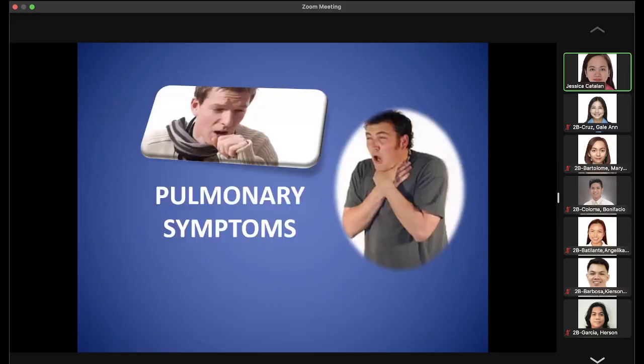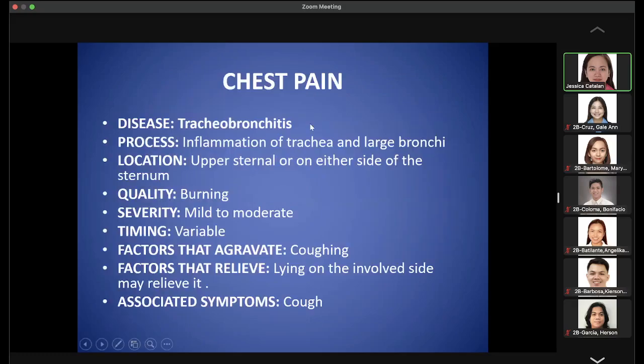Okay. So, pulmonary symptoms. What are the most common pulmonary symptoms? Chest pain is one, no? So, there are many diseases to which we can attribute chest pain.